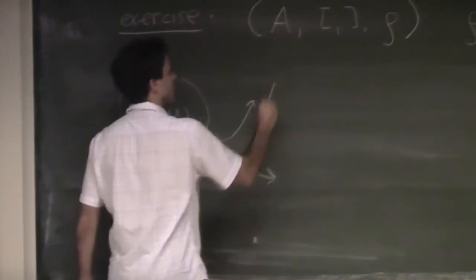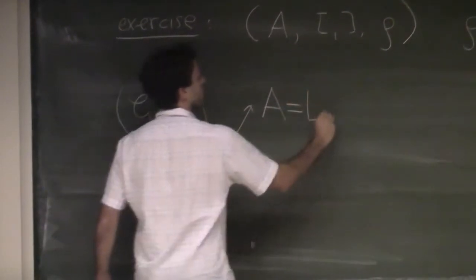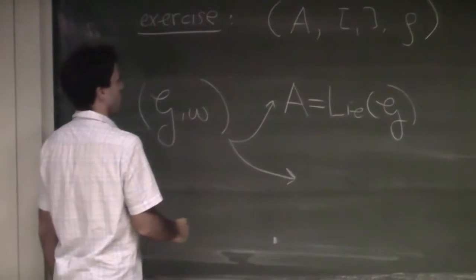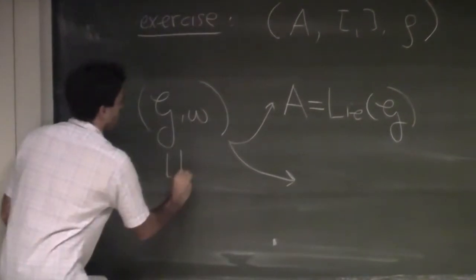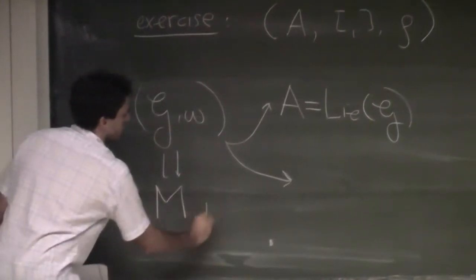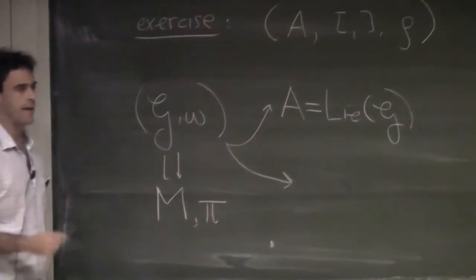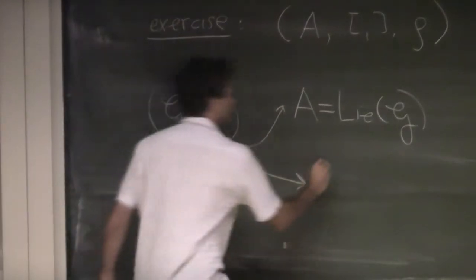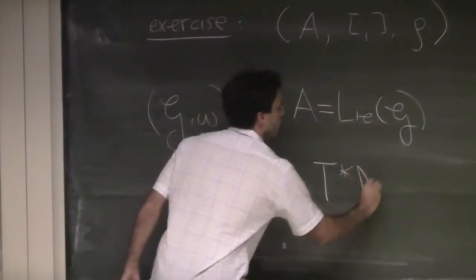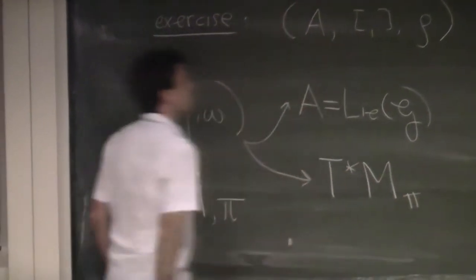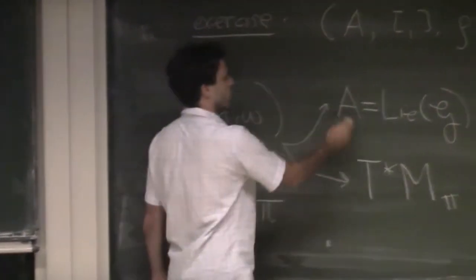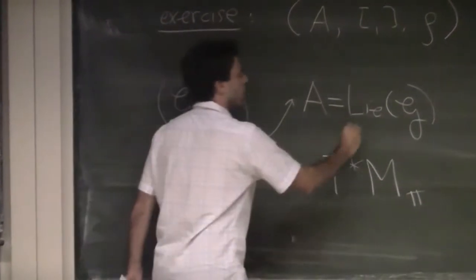One is just the Lie algebroid of the groupoid itself, and the other one is the Lie algebroid associated with the Poisson structure that the base of the groupoid naturally inherits from the symplectic form. So the first observation was that these two algebroids on a symplectic groupoid are isomorphic.